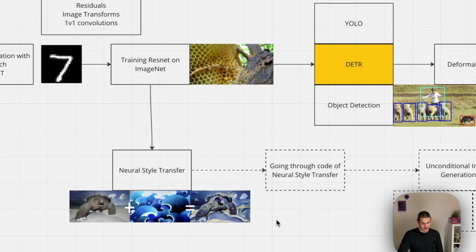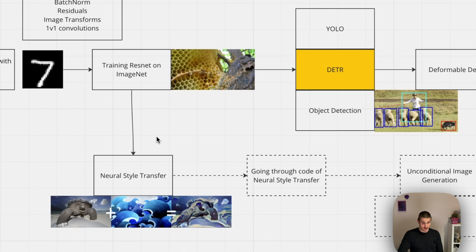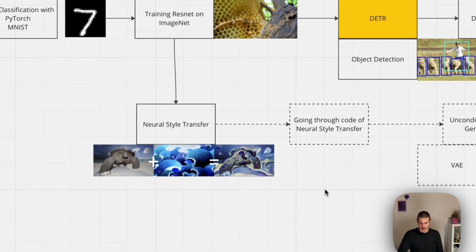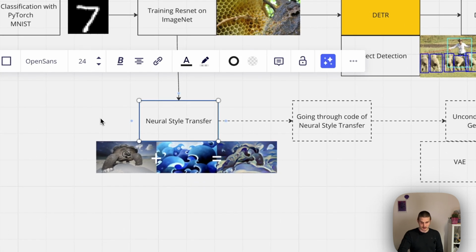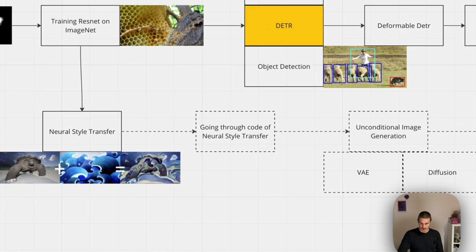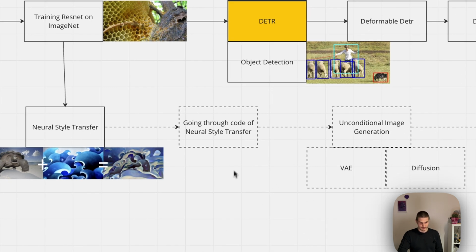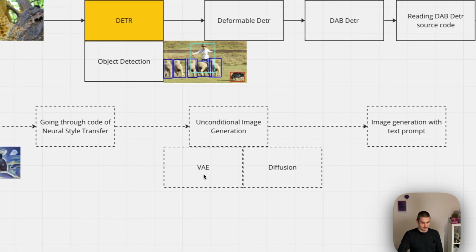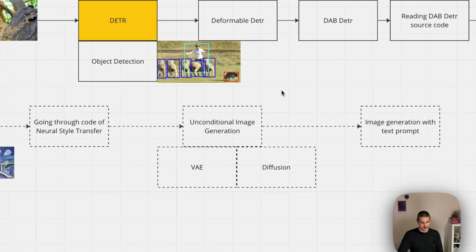And I also have a branch about generative AI and image generation. The first video is already out about neural style transfer, and I'm going to make more videos about some advanced concepts like variational autoencoders, diffusion, stable diffusion, and all that stuff. So hope to see you soon.